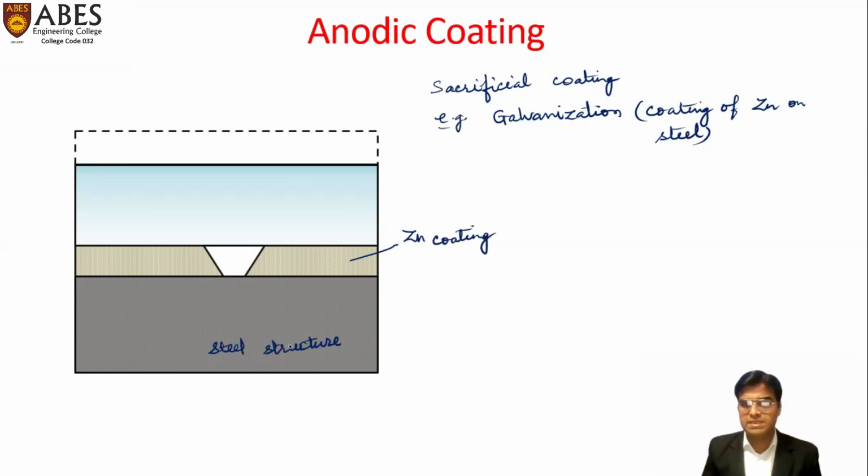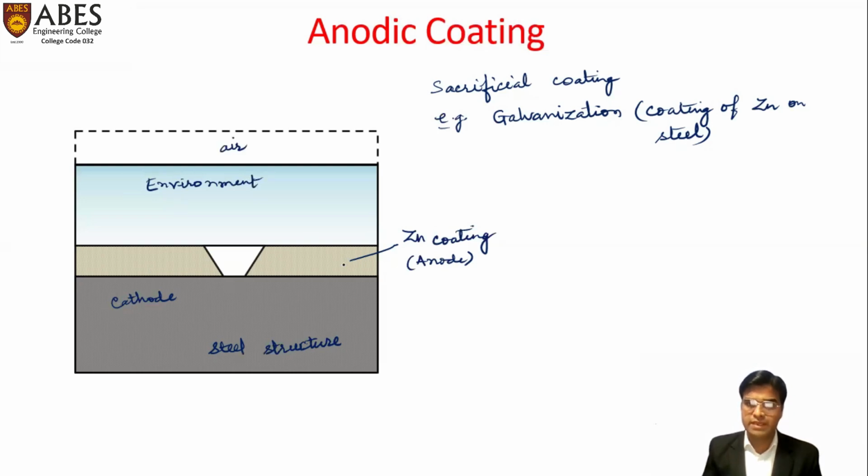Now, because the steel structure is less anodic and zinc has more anodic character, zinc will work as anode and the steel will work as cathode. This structure having the zinc coating is in contact with the corroding environment. And here it is air.